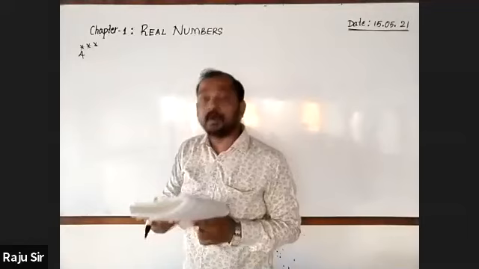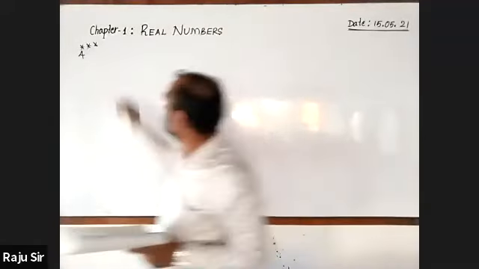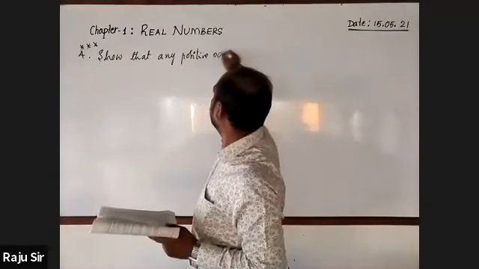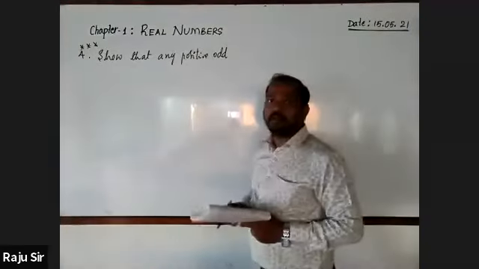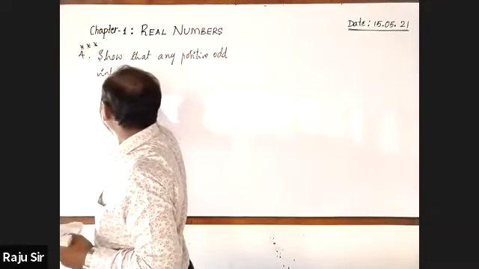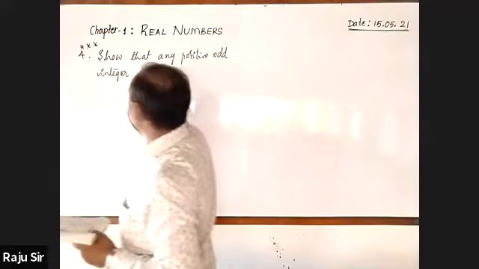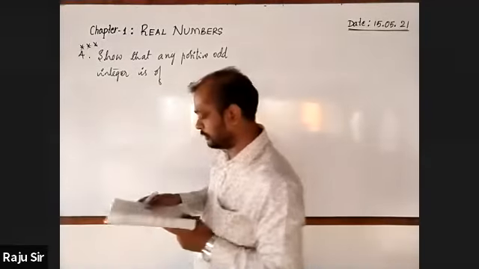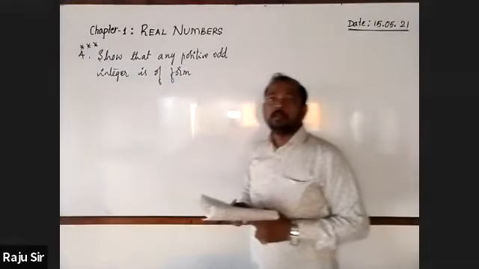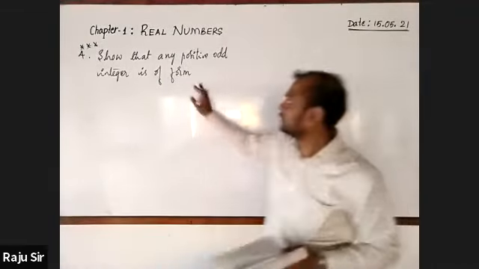Show that any positive odd integer is of the form. Just observe it.